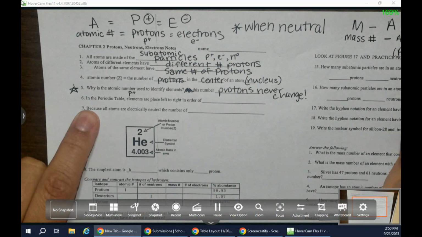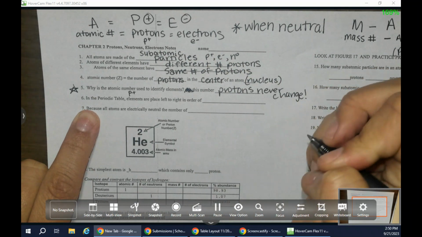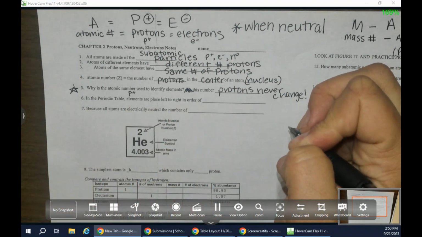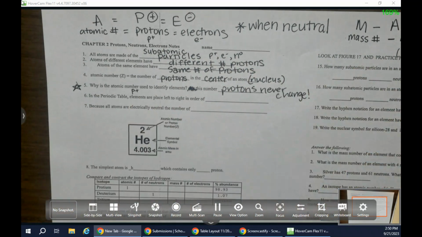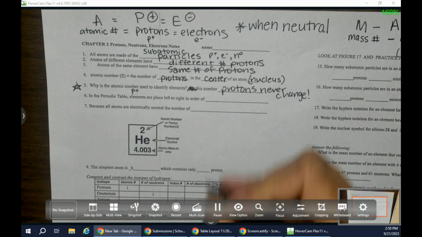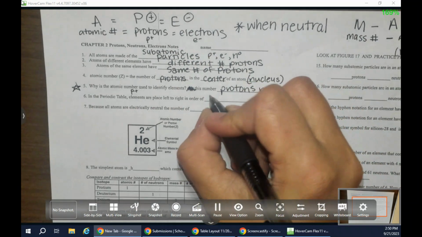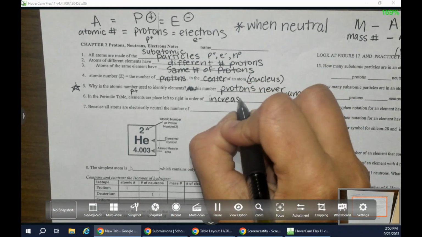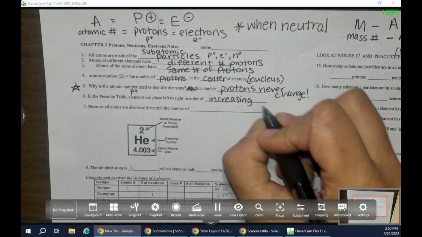In the periodic table, elements are placed from left to right in order of, so looking at the numbers on the periodic table, what are the numbers doing from left to right? They're increasing, yes. So in order of increasing atomic number.